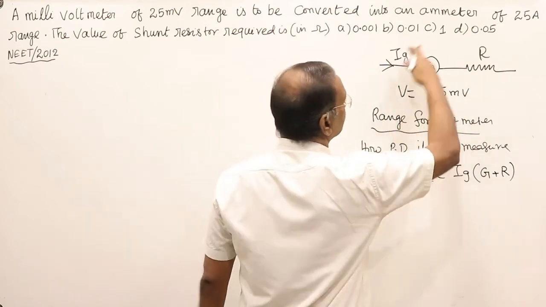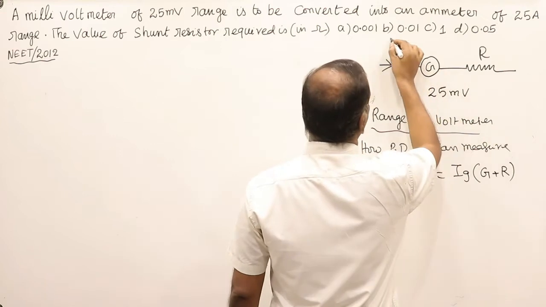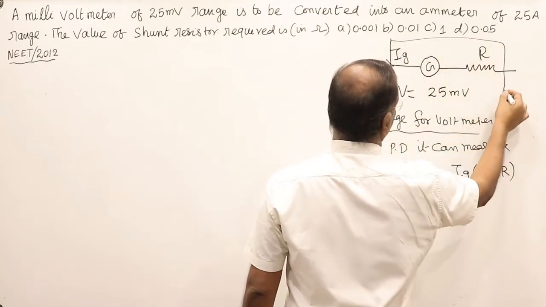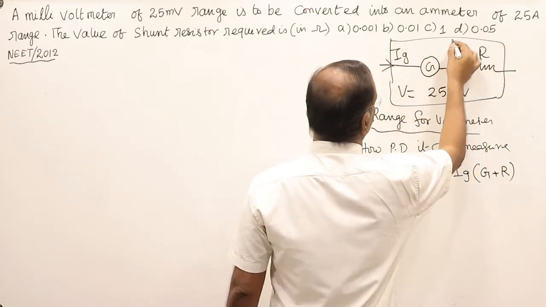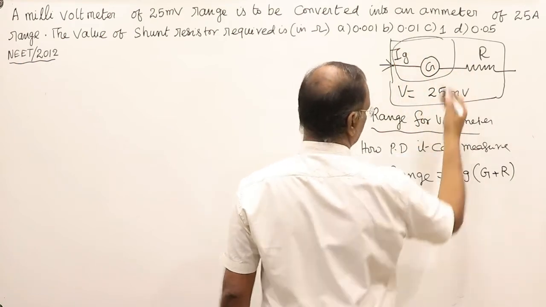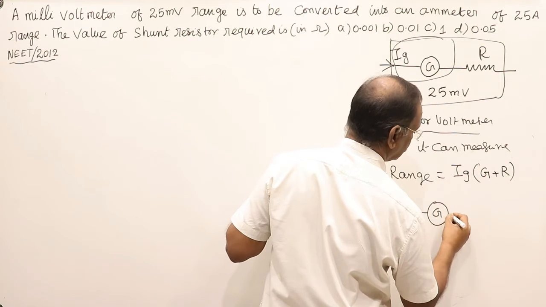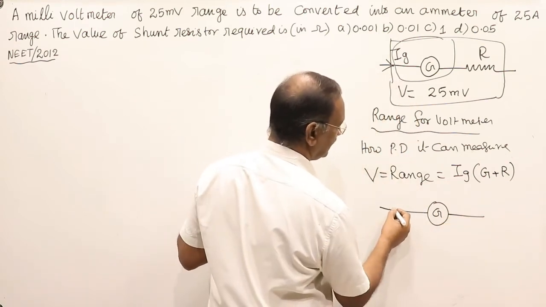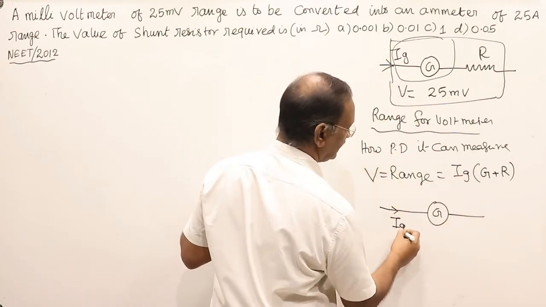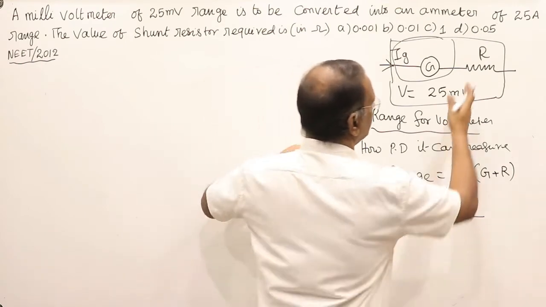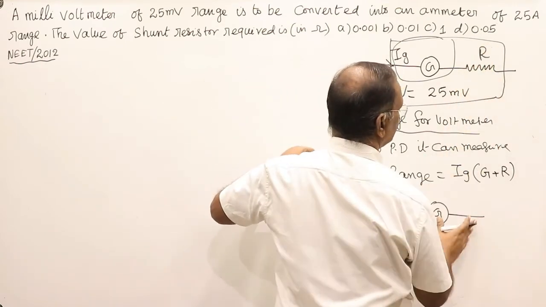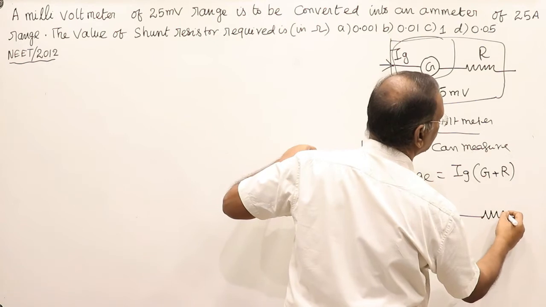Now this entire thing is the voltmeter, and this portion is the galvanometer. We will take this galvanometer only, because this galvanometer is going to be converted into an ammeter.